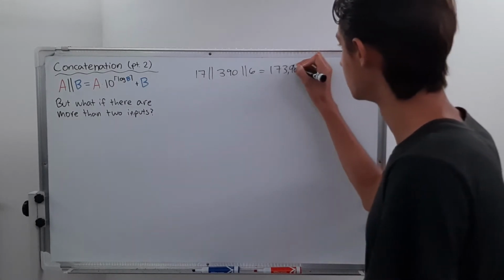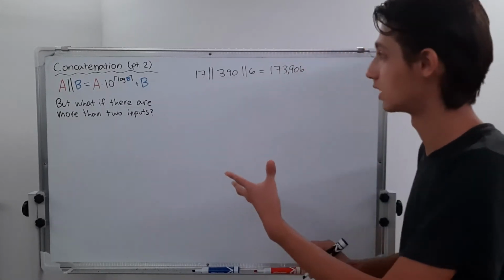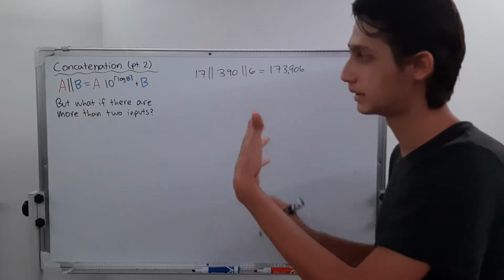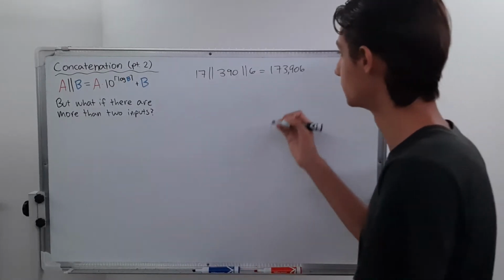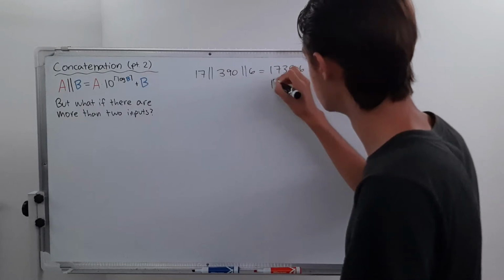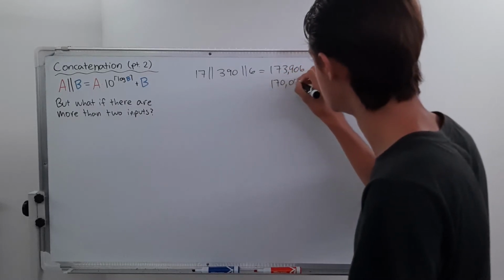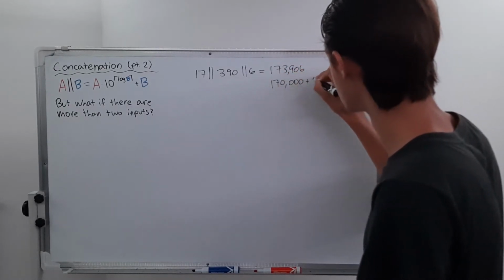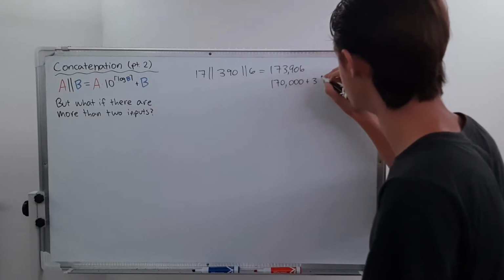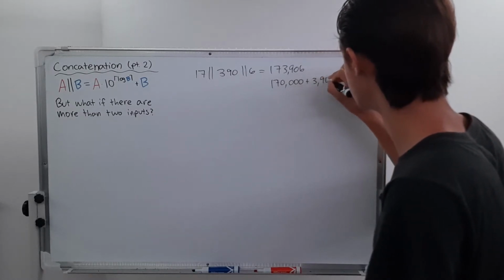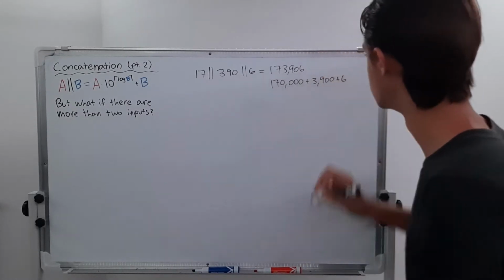So how do we get that? Well, let's break this number down. Using what we saw in the last video, we can see that this is going to be 170,000 plus 300 plus 3,900 plus 6.